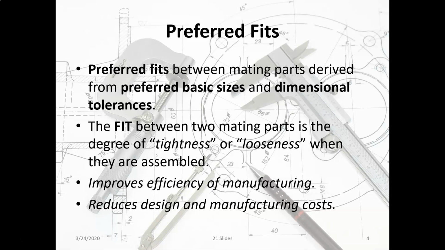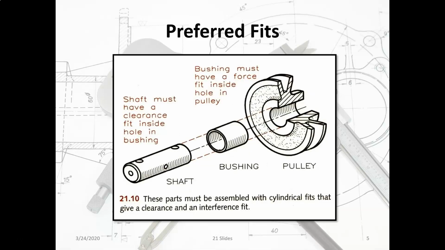A tight fit may be a tight fit that can still rotate, or it may be a press fit, or interference fit, where you're inserting the shaft into the hole and it's intended to be a permanent fit. This also improves efficiency of manufacturing. It reduces design and manufacturing costs, and all the good things come from that.